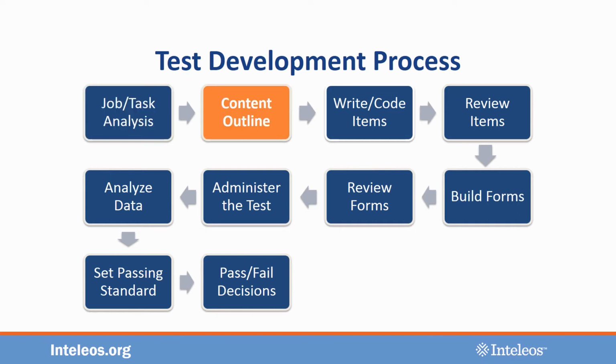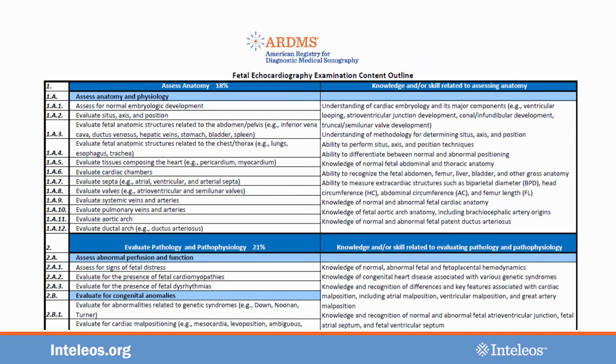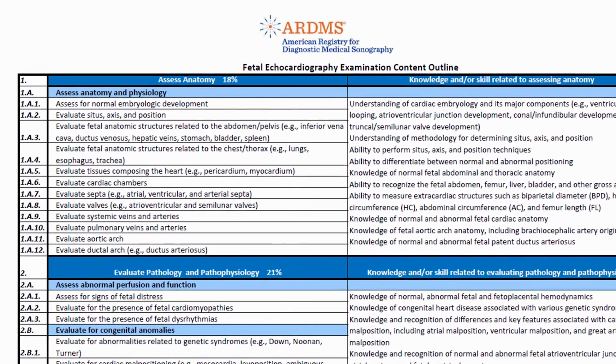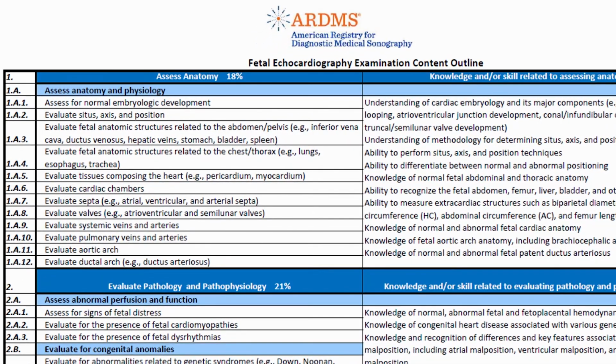The content outline is essentially a syllabus or blueprint for the exam content. It's available to the test taker and to the item writer. This is the content outline for the 2017 fetal echocardiography exam. Most of our content outlines follow a similar format. The content is divided into domains, broad topics such as anatomy or pathology. You can see anatomy makes up 18% of this exam.